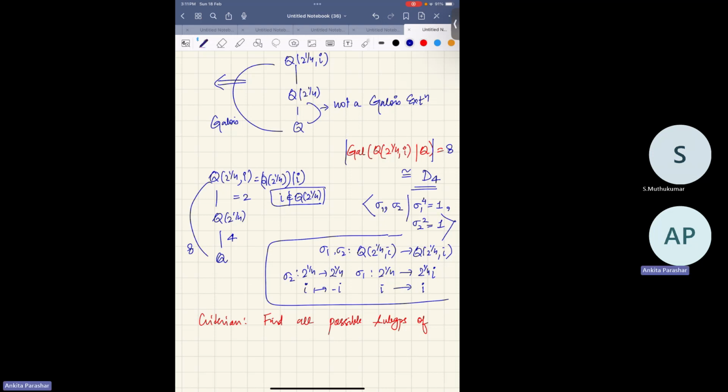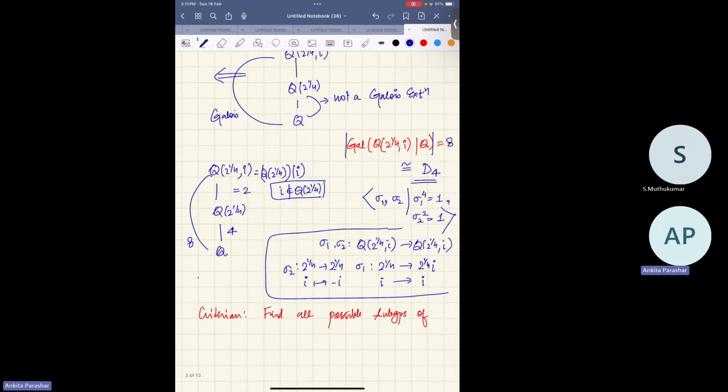You know, the roots of our polynomial x^4 minus 2 equal to 0 are 2^(1/4), minus 2^(1/4), 2^(1/4) i, minus 2^(1/4) i, right? So if you take minus here, minus 2^(1/4), that will have order 2, right?